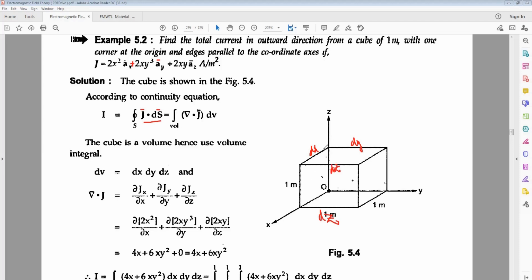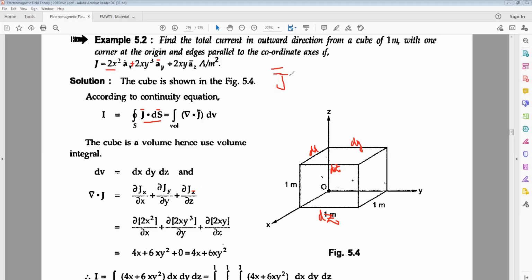So dv is equal to dx dy dz. Del dot J bar is equal to dou by dou x of Jx plus dou by dou y of Jy plus dou by dou z of Jz. What is Jx here? The ax bar coefficient is Jx.